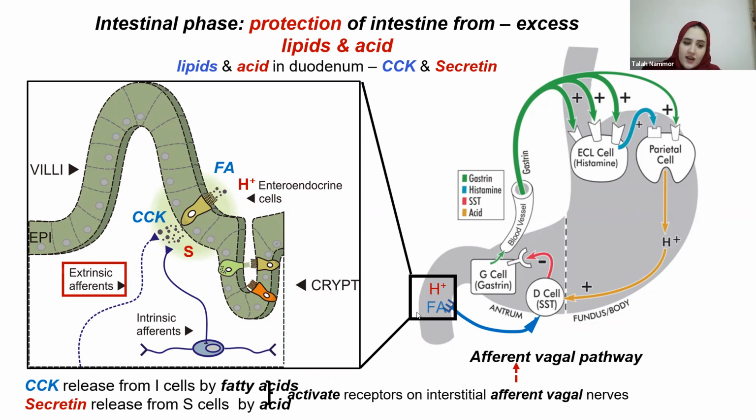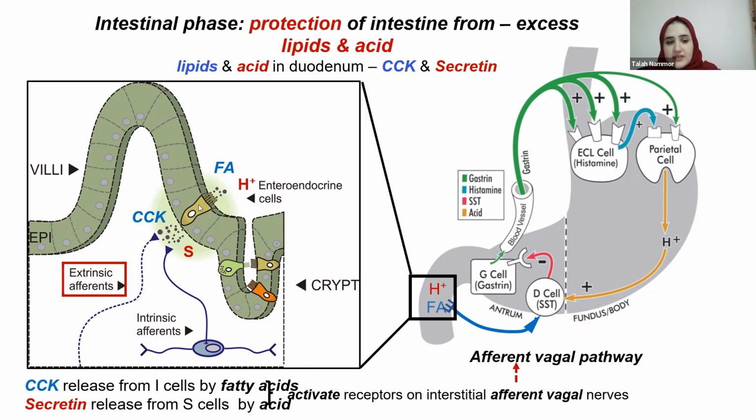When it goes there, the fatty acids are going to meet something called an I cell. The I cell is usually found in the duodenum, okay? Once this I cell detects the fatty acid, it will release something called CCK, okay?